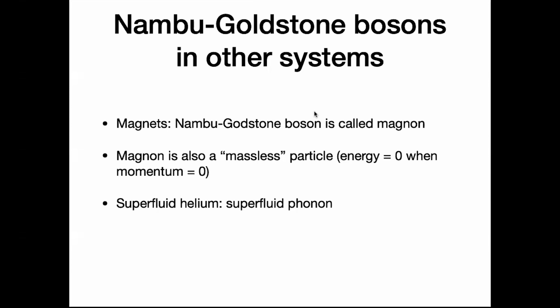So another more non-trivial example is the physics of superfluid. Superfluid helium also has a Nambu-Goldstone boson, which is the superfluid phonon. But the symmetry in the case of a superfluid is a very non-trivial symmetry. That symmetry is related to the conservation of particle number.